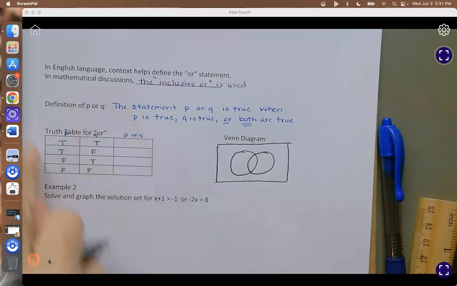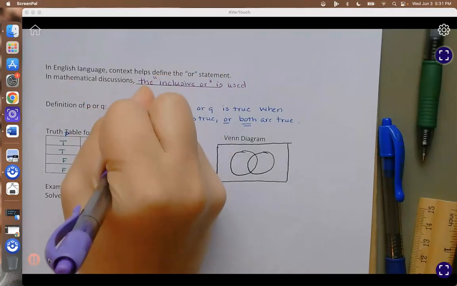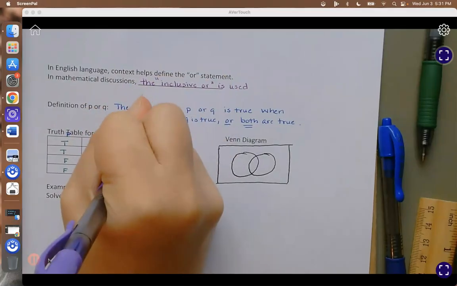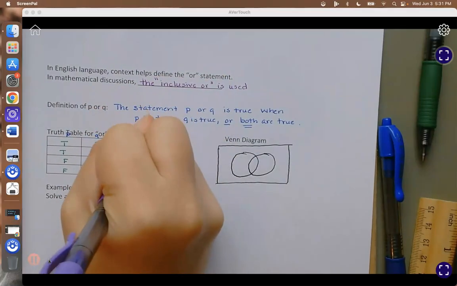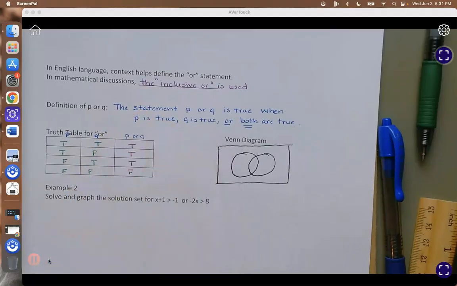Okay, the first two columns are going to stay the same. Okay, so for or, as long as you've got a T in that line, you're fine. So this is true, this is true, this is true, and only this one's false.